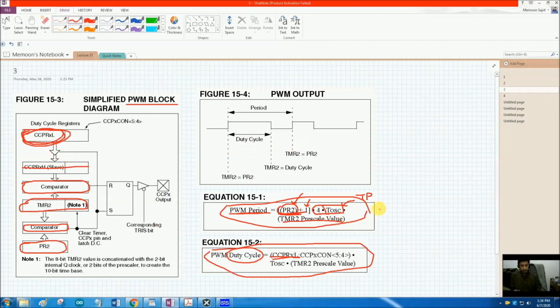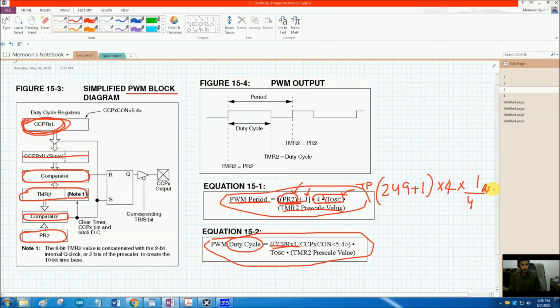Because Timer 2 is being used to generate this waveform. So for instance, if I have a value of 249 in my PR2 register, plus 1 as in this formula, times 4, times 1 over 4 microseconds, because our system clock is 4 megahertz.